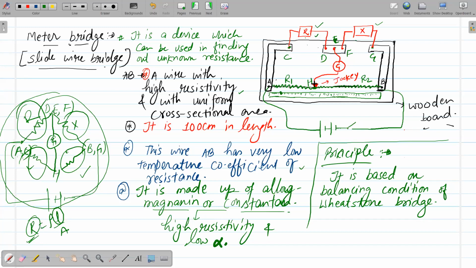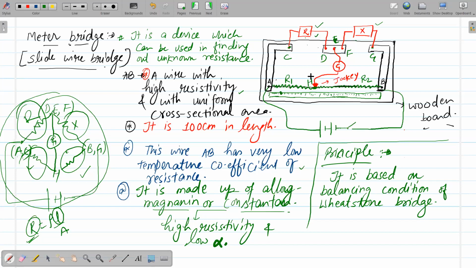So if we slide this jockey towards the right, which resistance will decrease and which will increase out of R1 and R2? If you move it towards the right, the length of the R2 part will decrease. So R2 will decrease and R1 will increase.